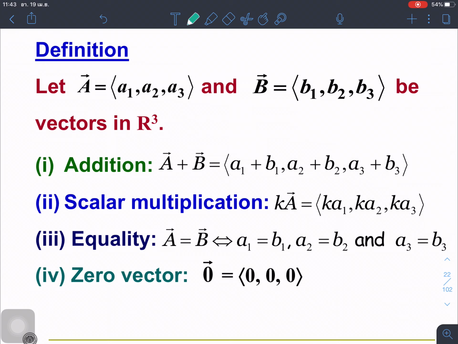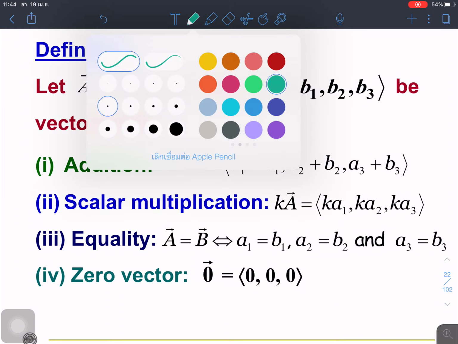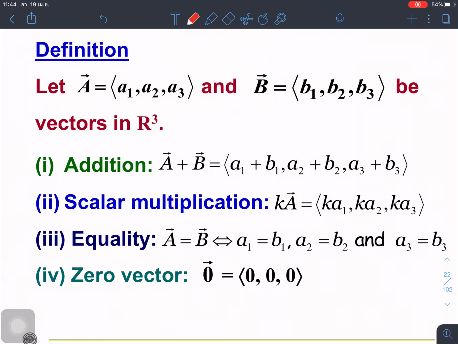All right. It's the same in two dimensions. Even when we generalize to three dimensions, you get the same procedure. If you want to add them, do the scalar multiplication, equality should be the same way, and then the zero vector. But I also want to add subtraction here. The subtraction is the same way as well.